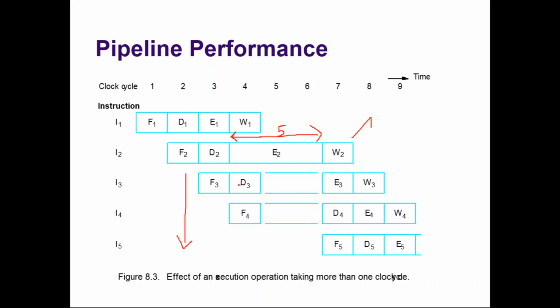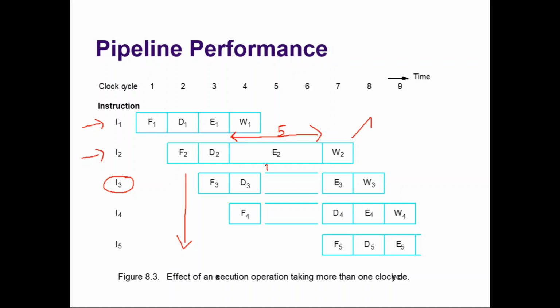But now instruction 3 is decoded, and you cannot execute it because instruction 2's execution is not completed, because we are assuming all these instructions are from the same program. So instruction 3's execution may depend on instruction 2. Until instruction 2 has finished executing, you cannot execute instruction 3.